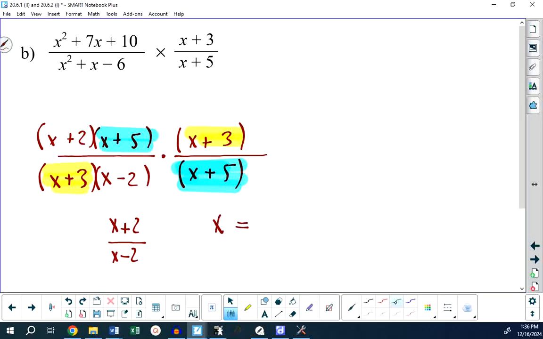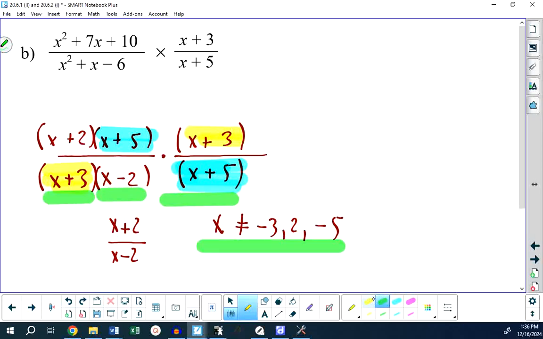X is not allowed to be negative 3, positive 2, or negative 5, because those 3 factors are in the denominator and they give us non-permissible values.